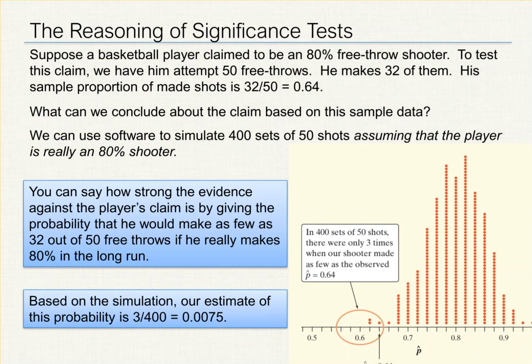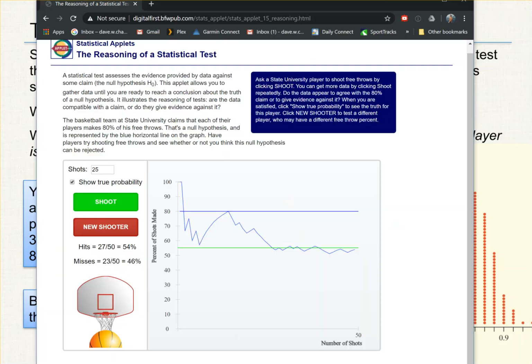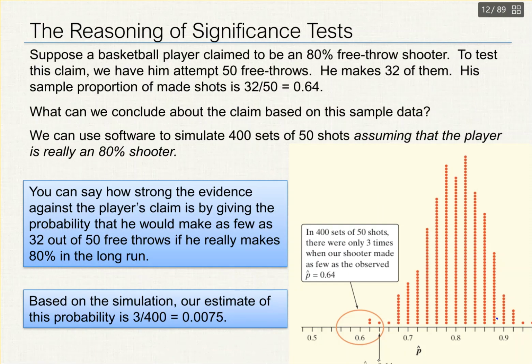So p hat of 0.64 or lower was only observed 3 times. Those 1, 2, 3 dots, right? In our case, if you look at it even further, our p hat was 54%, so 0.54, that's all the way over here. There's none over there. So we can have an even stronger conclusion, because zero times in those 400 samples would that have happened.